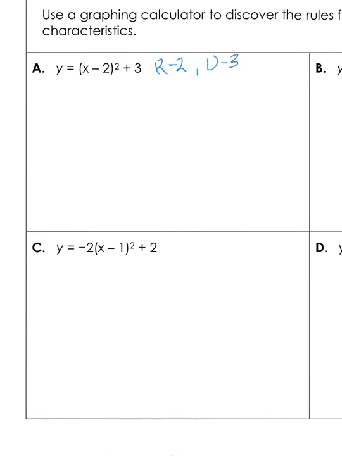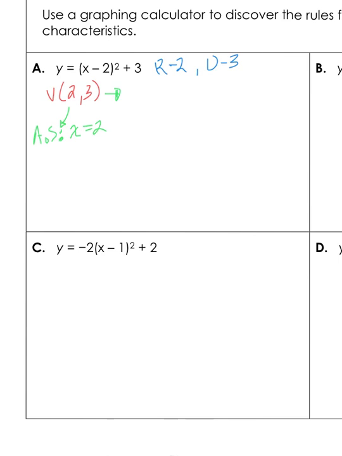That means my vertex is going to be positive 2 because it's the opposite of h, and then positive 3, it's the same as k. From that vertex, remember, I can get two things. From the x value, I get the axis of symmetry. So AOS, axis of symmetry, would be x equals 2. Not just 2, but x equals 2.